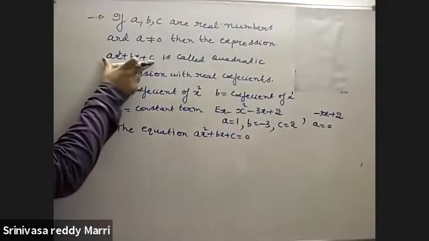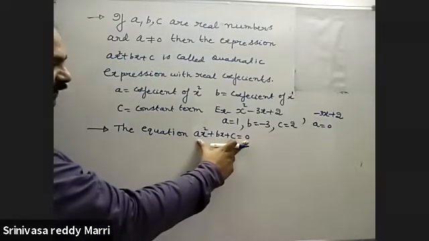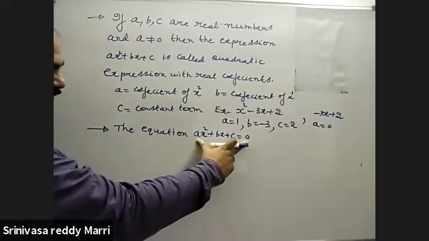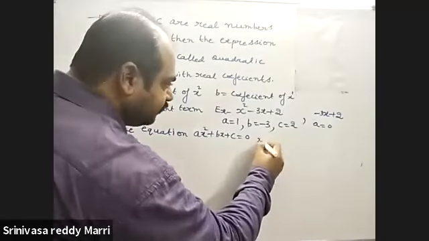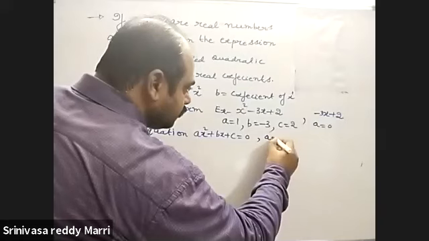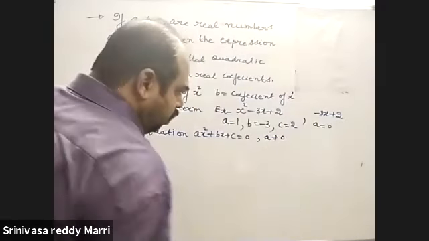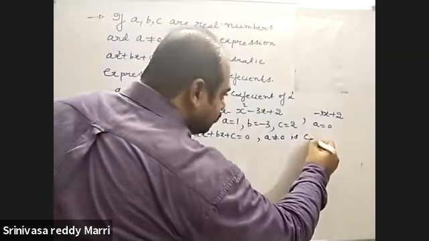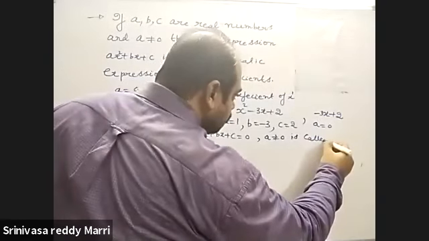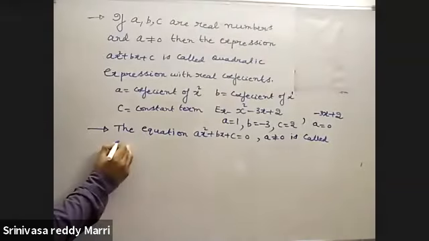Equate that to 0. The equation ax square plus bx plus c equal to 0, a not equal to 0, is called a quadratic equation.